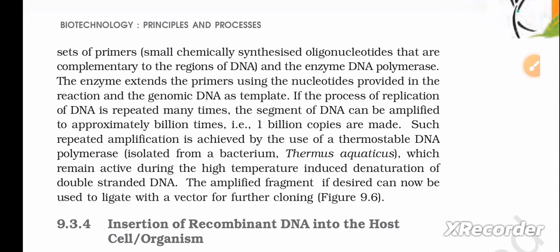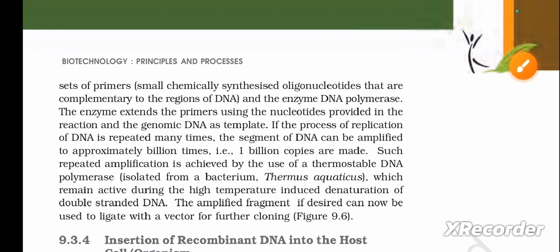The enzyme extends the primers using the nucleotides provided in the reaction and the genomic DNA as template. If the process of replication of DNA is repeated many times, the segment of DNA can be amplified approximately a billion times, that is 1 billion copies are made.